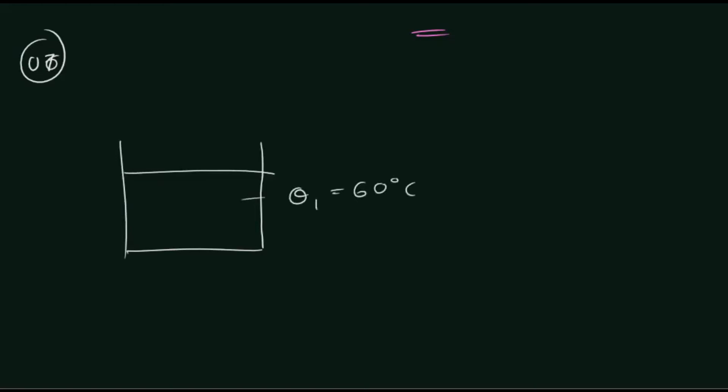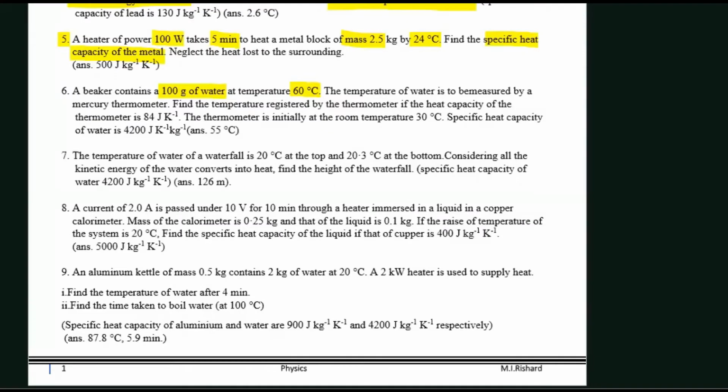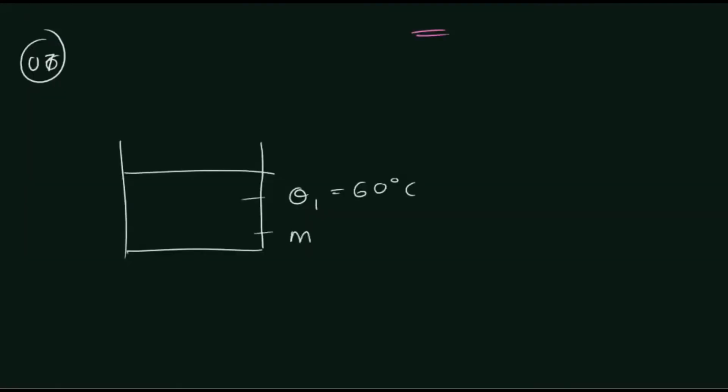So initially there is a beaker which has water at theta 1, which is 60 degrees Celsius. Mass was 100 grams.